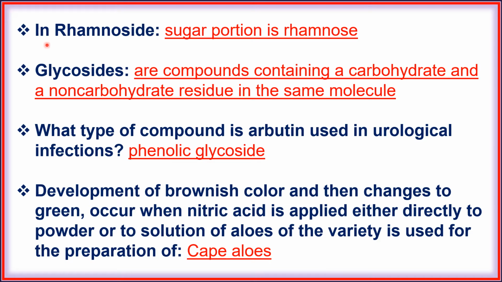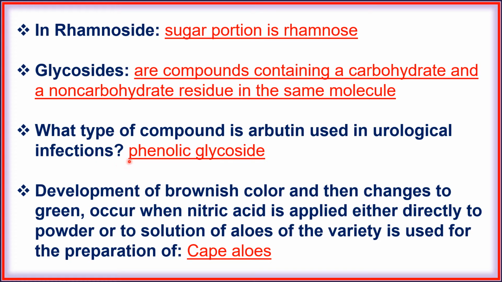Next, in rhamnoside, sugar portion is rhamnose. Next, glycosides are compounds containing a carbohydrate and a non-carbohydrate residue in the same molecule. Next, what type of compound is arbutin used in urological infections?